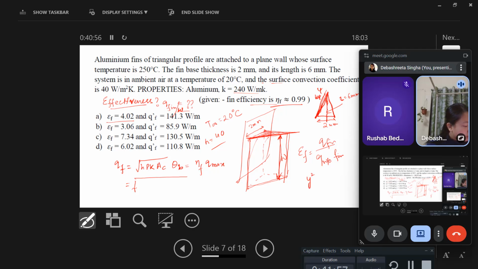So Y square is equal to L square plus, if you consider this as T, they have given thickness T, so T square. Sorry, not T, it should be T by 2, T by 2 whole square. So Y is root over L square plus T by 2 whole square.